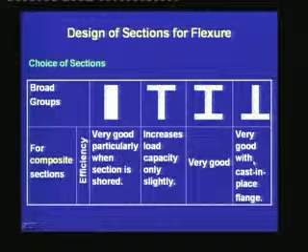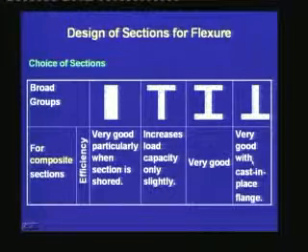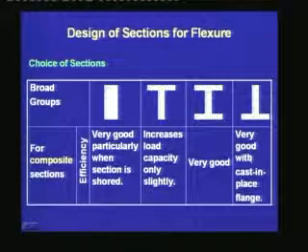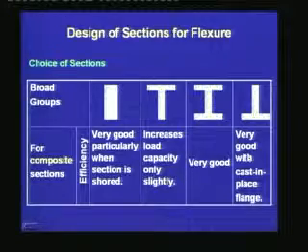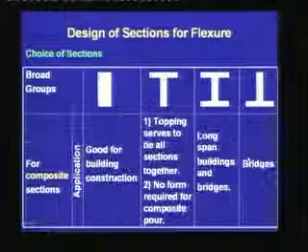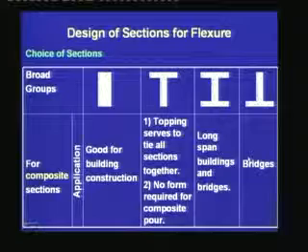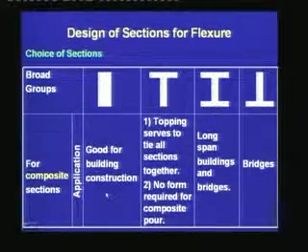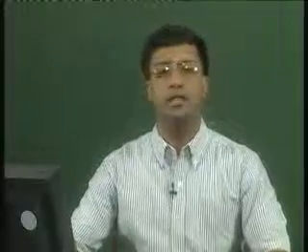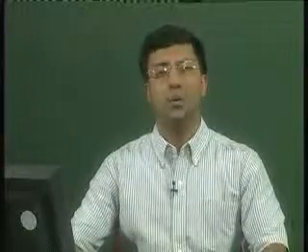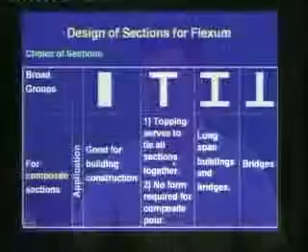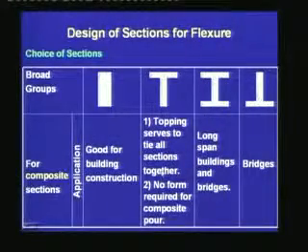Thus, we see the inverted T section is flexurally efficient only if we have a topping slab in a composite construction. Regarding application, the rectangular sections are good for building construction, where the construction can be done quickly. For T sections, the topping serves to tie all sections together.